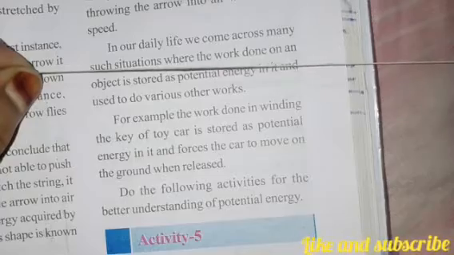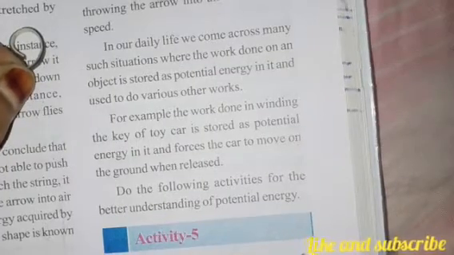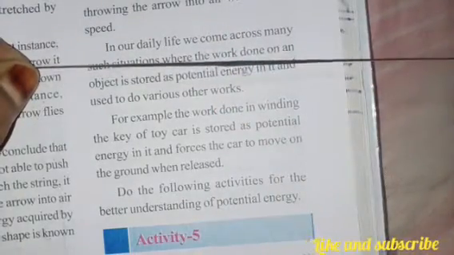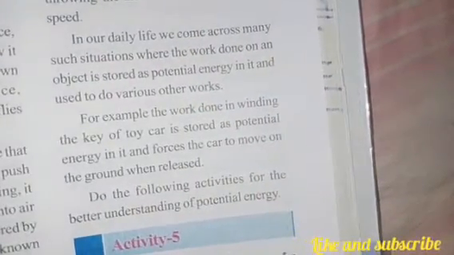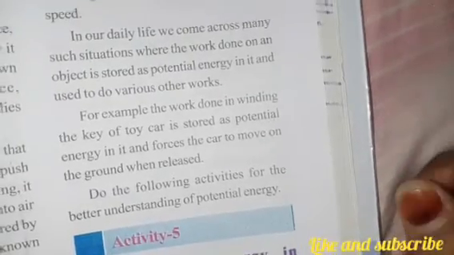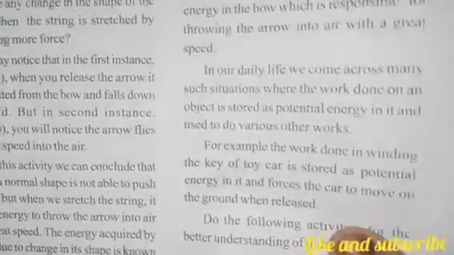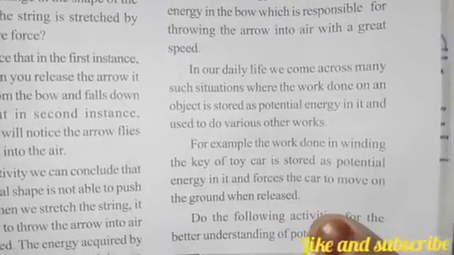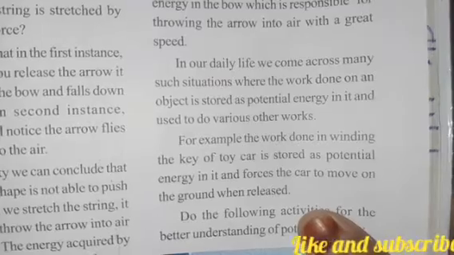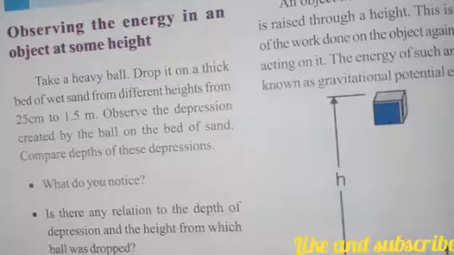See, I have stretched it this much. Now you can see how it came, very fast, isn't it? So this is the kind of energy which it is storing, and that is called potential energy, which is stored by the object.